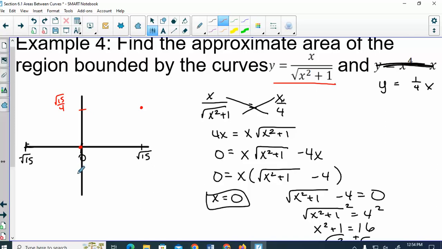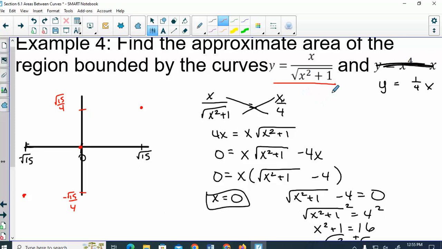Okay, if you plug in a negative square root of 15, you get the same thing except negative. Now, is that enough points to really know what this looks like? No. Could we do more?